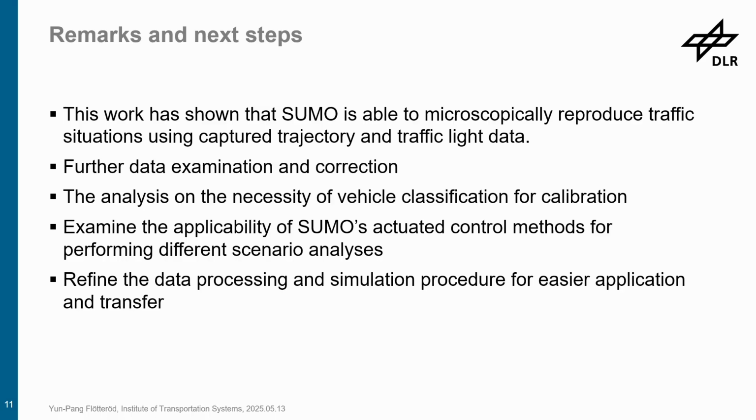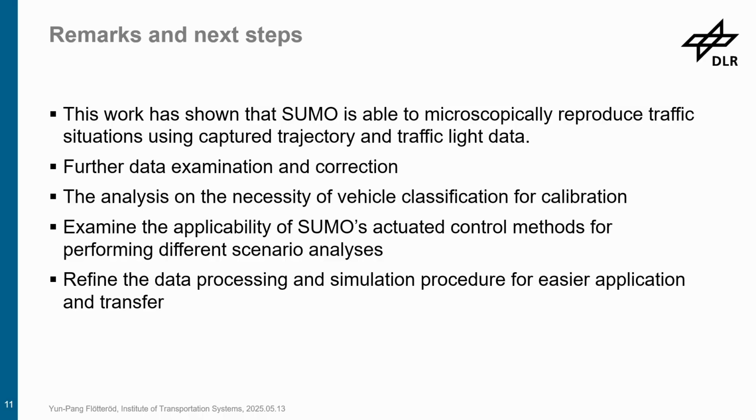And the necessity of vehicle classification for calibration, just like I mentioned, we also need to look at whether it's necessary, or we can drop it. The 4th point is that, as I mentioned, this intersection features adaptive traffic control. That makes the scenario analysis very difficult, because the green time duration changes when the traffic flow changes.